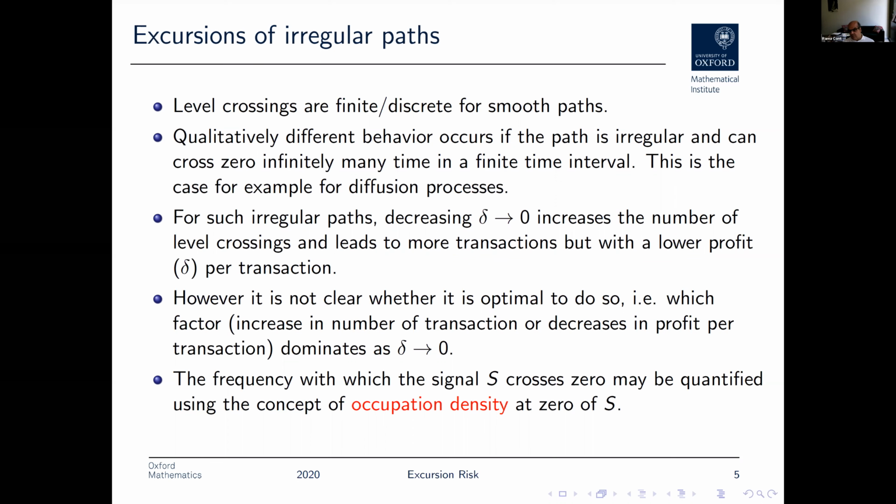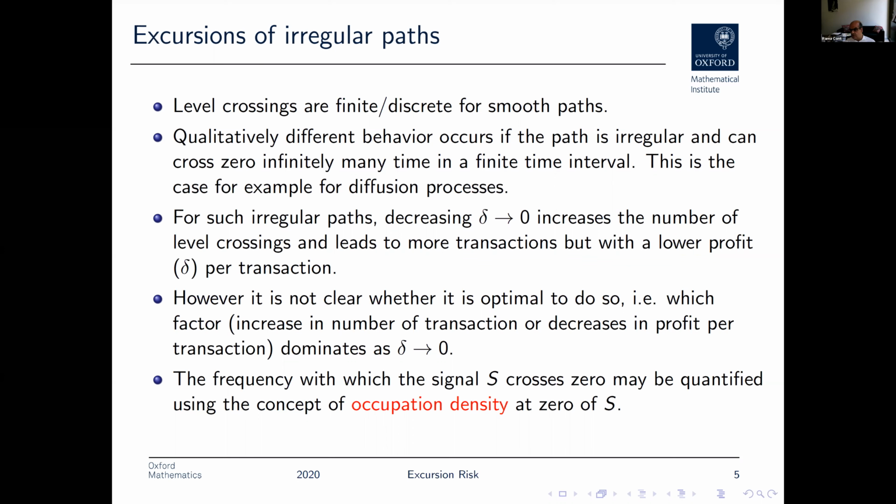But each time we trade, you remember that we earn delta. So we have more transactions, but a lower profit per transaction. So it's not clear whether that's a good thing or a bad thing, because on one hand, you have more transactions, but then you have a lower profit per transaction. So it is not obvious which effect is going to win or dominate as delta goes to zero.